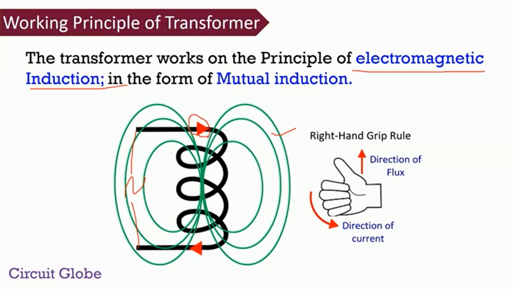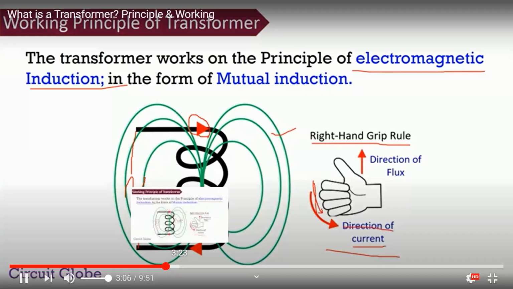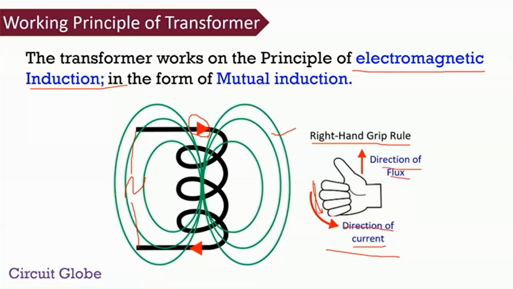Also, the direction of flux depends on the direction of the current. With the help of the right hand grip rule, we can determine the direction of the flux. The right hand grip rule says if we hold our right hand fingers like this, then the curl of the fingers shows the direction of the current, while the direction of flux is given by the thumb.